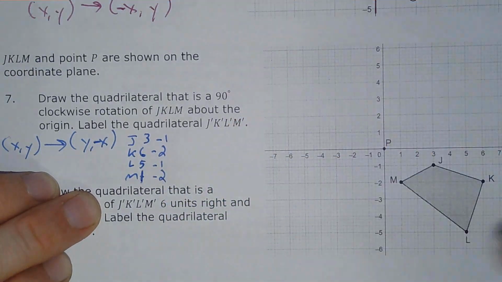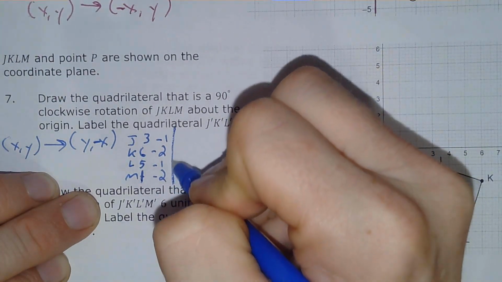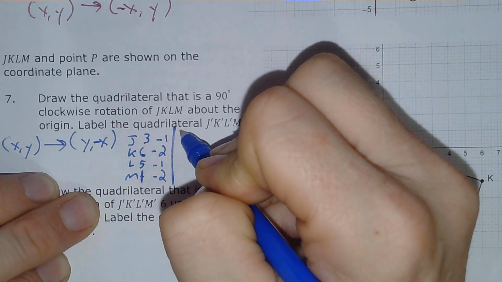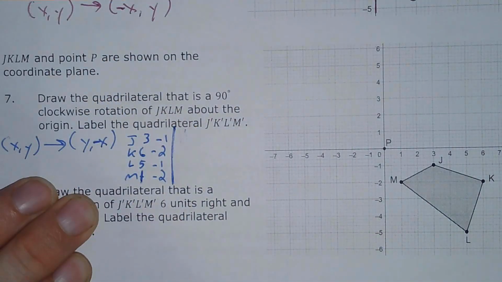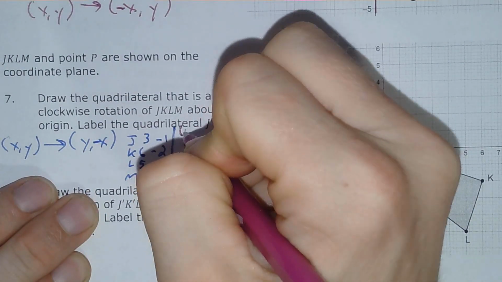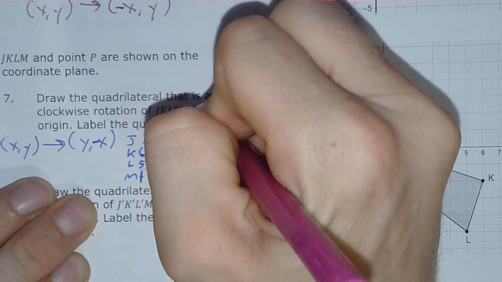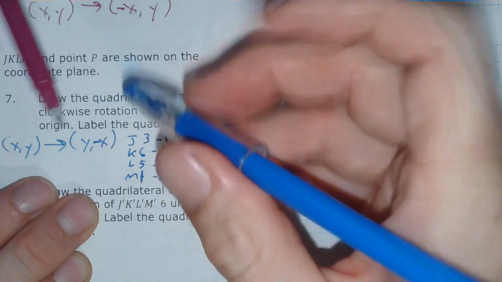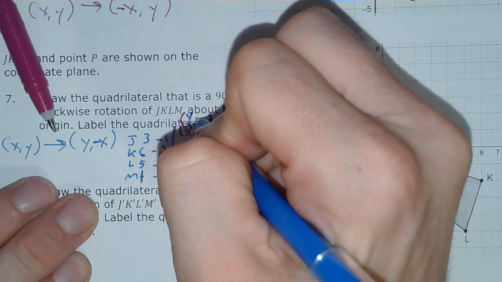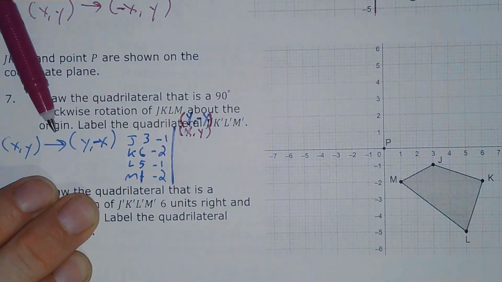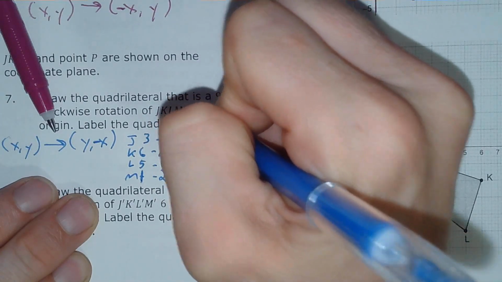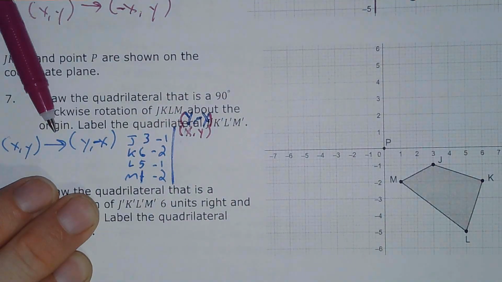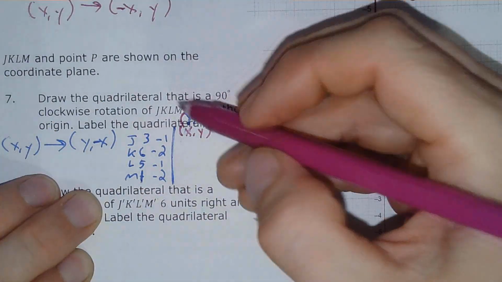All right. So my new xy in terms of my blue y negative x is going to be as follows.